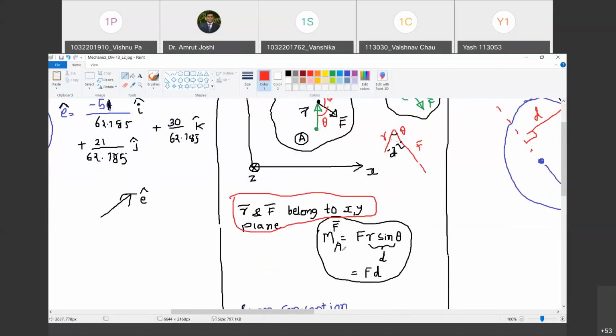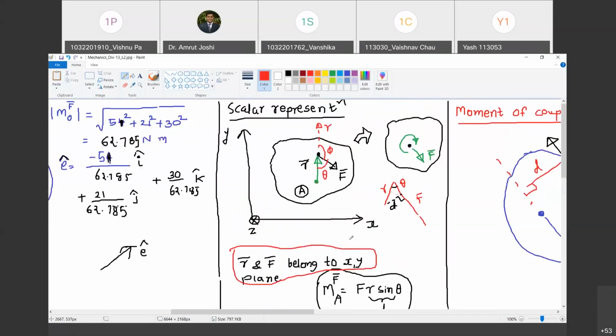Sir, but phi will be 90 degrees only, right? Because R and F are perpendicular. Who says? I have shown angle theta between R and F. No, sorry, it is not 90 degrees, not the R cap, the one you've drawn. R and F with angle phi. I have just extended this line of R bar ahead, that's all I have done.